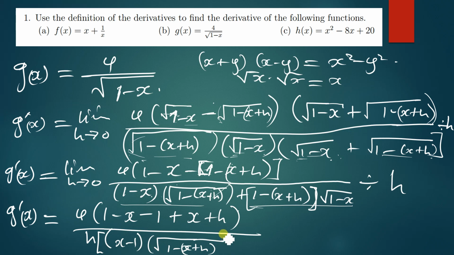Then we say plus 1 minus x minus h. When you open the brackets here, negative 1 times x, negative x, then here negative h as well. Then we're multiplying this by the root of 1 minus x.